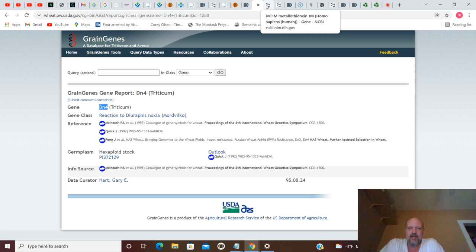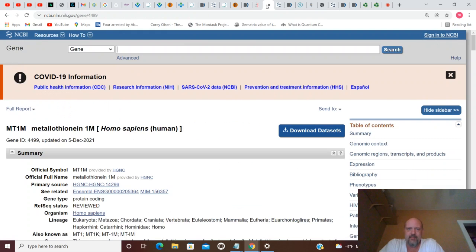All right. If we move on from that, you have 1M. How about MT1M, metallothionein 1M in Homo sapiens. Official full name, whatever this word is, 1M. It's gene ID 4499.